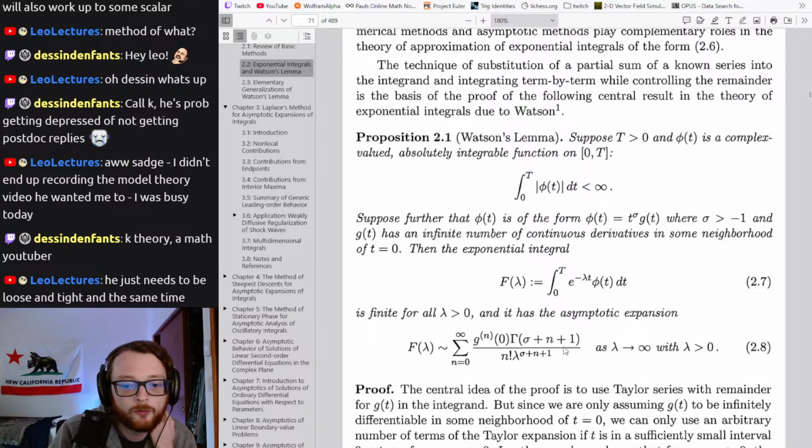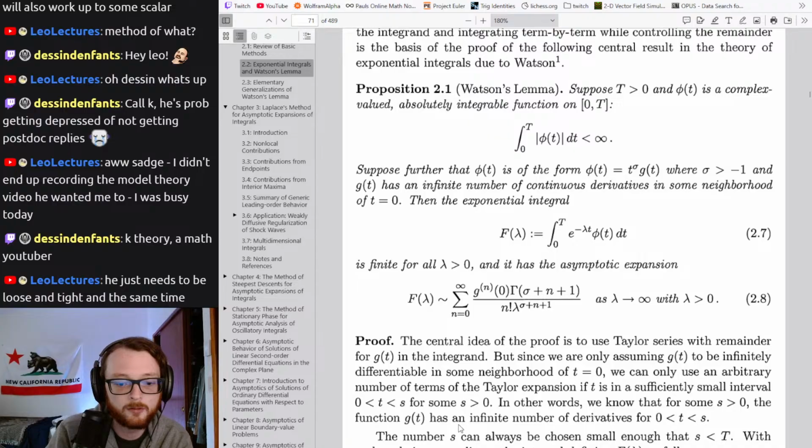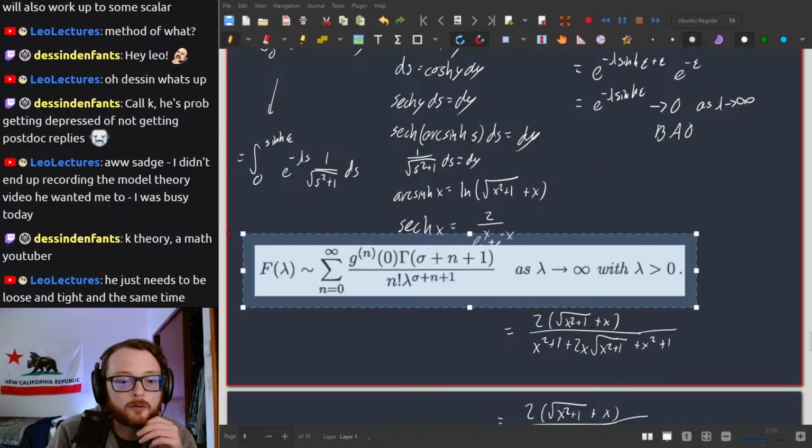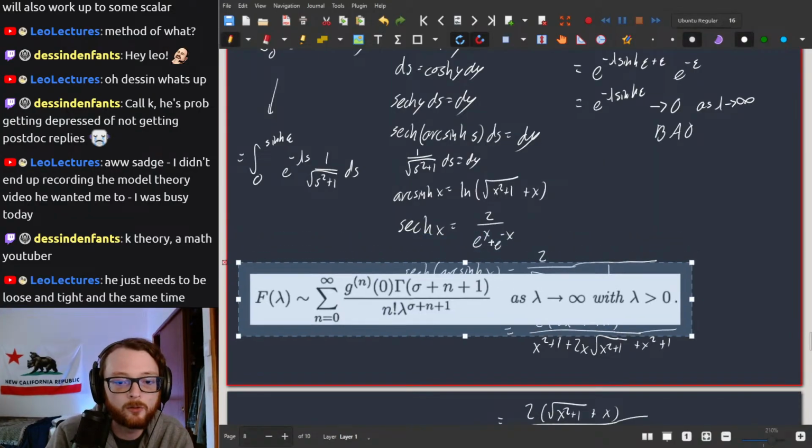So we're going to use this formula right here. Should we screenshot it? Sure. This is a little large.